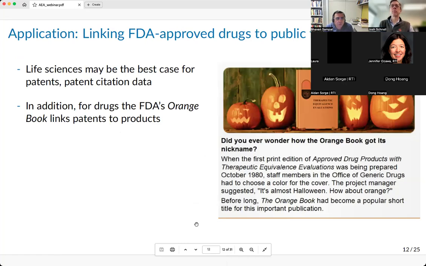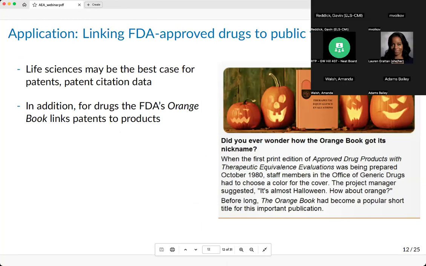I've done some work with Frank Lichtenberg, more recently with Lisa Willett, looking at these types of measures to link NIH funding to patents and then to drugs. And that happens to be a context that I've spent a lot of my own time and research thinking about.